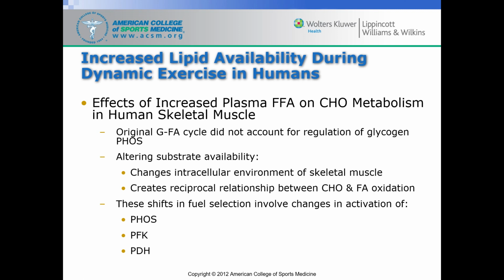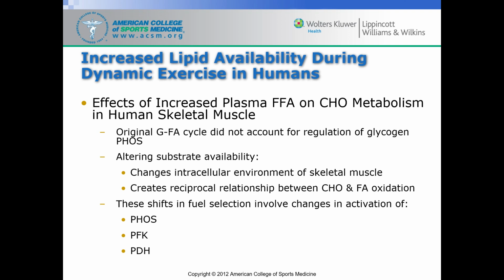We'll look at the effects of increased plasma fatty acid on carbohydrate metabolism in human skeletal muscle. Originally, the work in the cardiac tissue did not account for glycogen phosphorylase.